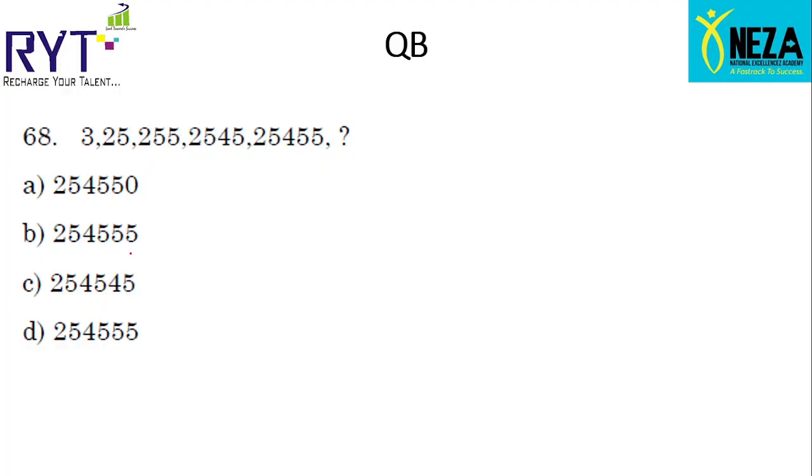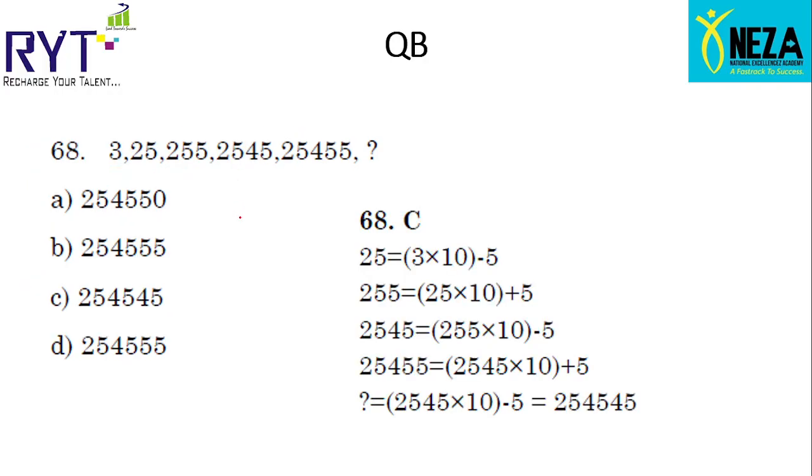325, 255, 2545. Something is happening here because the numbers are drastically different. Look at this. Actually, 3 into 10, 30 minus 5, 25.